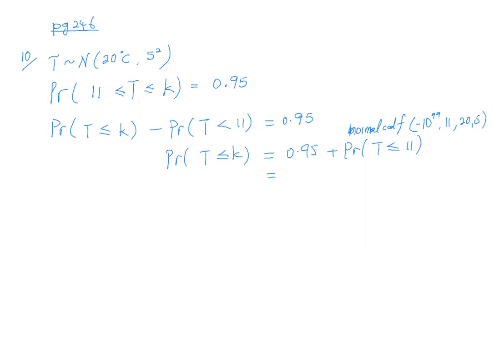Then you straight away add up 0.95 plus normal CDF, negative 10 to the power 99, 11, 20, and 5. Okay, so we got 0.98593. So now we want to find K, we have to use inverse norm.